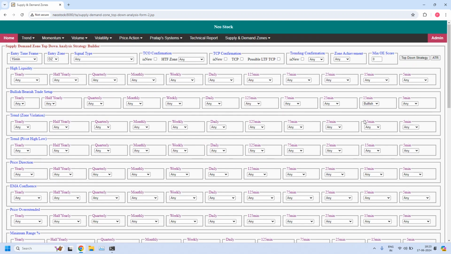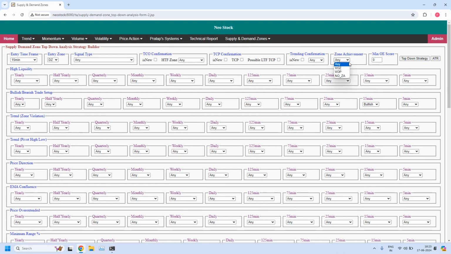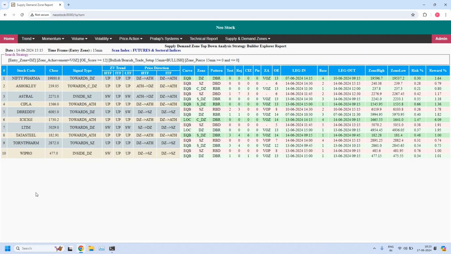Minimum value 0, maximum value 0, and zone achievement should be violated opposing zone. Minimum odd enhancer score should be 12. So with these filters, I am generating the report. So 10 stocks are filtered. These 10 stocks are supporting bullish trade setup for daily income trade.